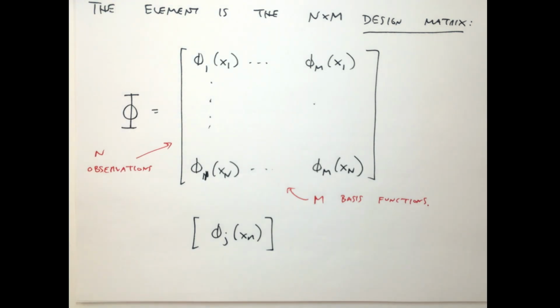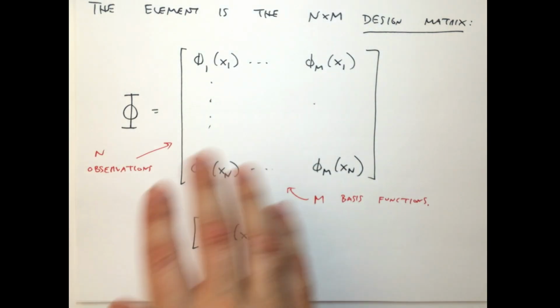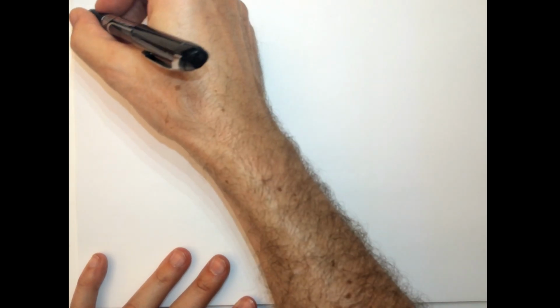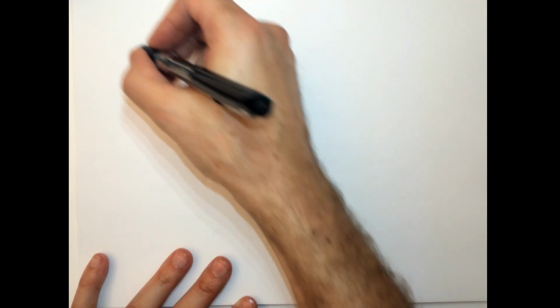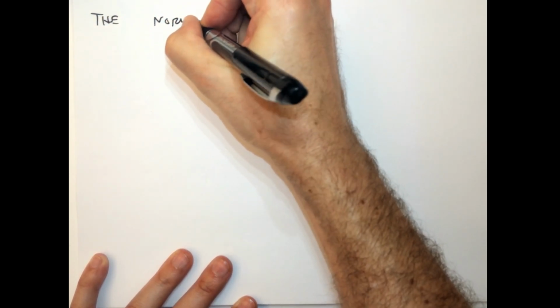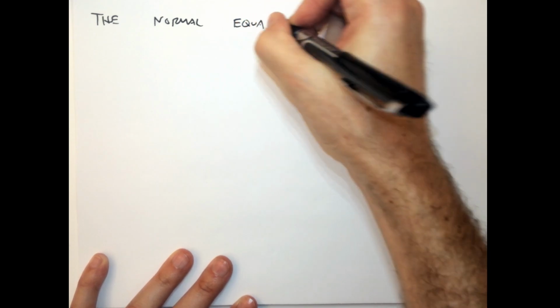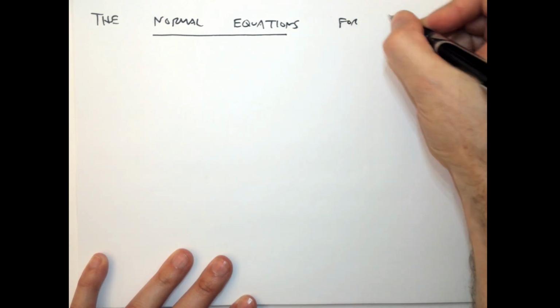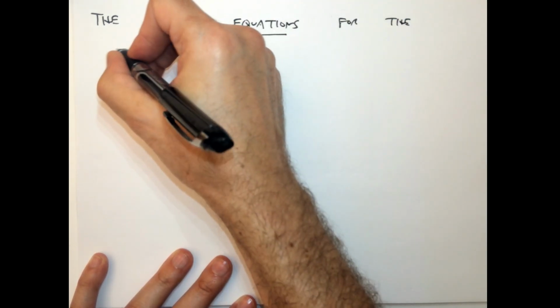And so if I want to make my more crappy looking equation here a little bit simpler looking, it turns out that we can write it in the form of this matrix. What we find out is that this equation system that we have to solve are called the normal equations for the least squares problem.